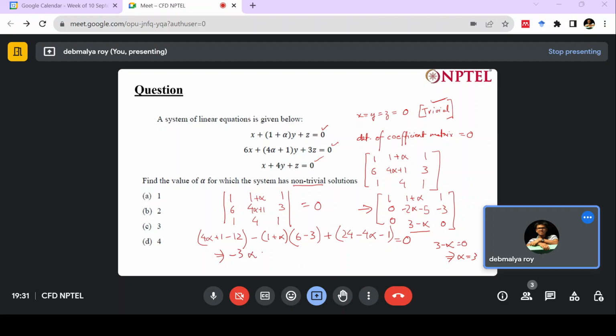Minus 3 alpha plus 9 equal to 0. So yes, you can find out here as well. Alpha is equal to 3. Okay.